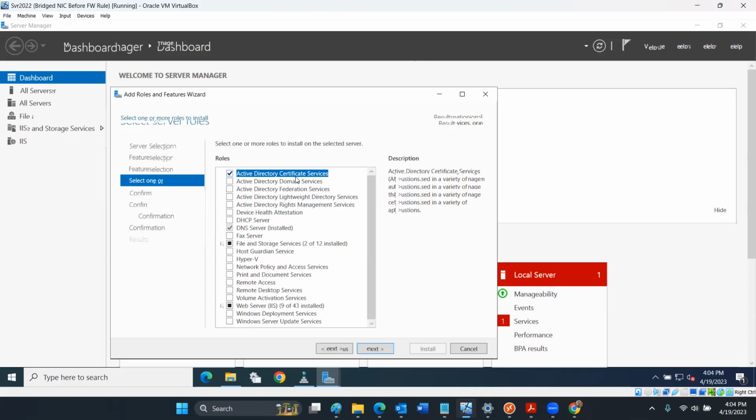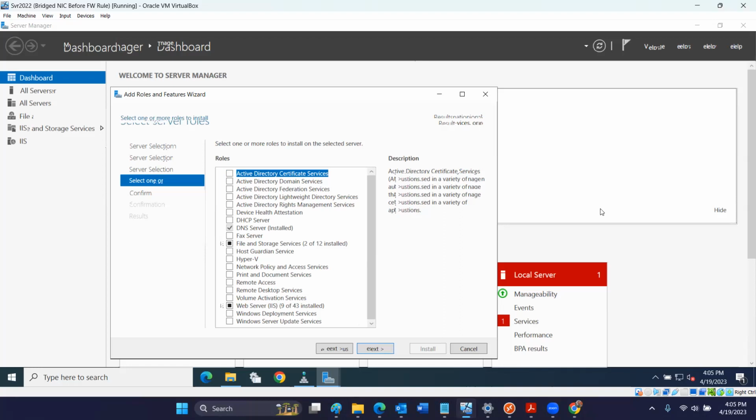Does everybody see this? Active Directory Certificate Services. When you check that box, you turn this server into a public key infrastructure resource.